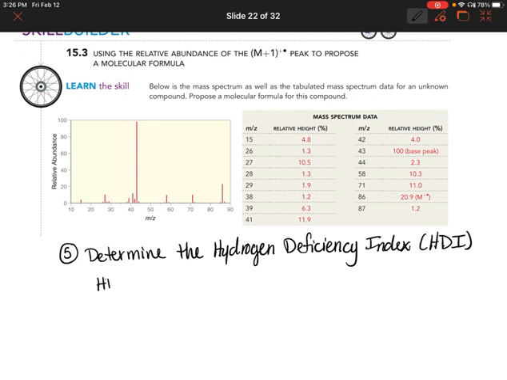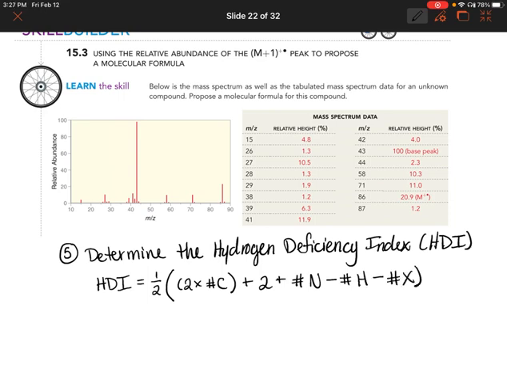The equation for the hydrogen deficiency index is equal to 1/2 times (2 times the number of carbons plus 2 plus the number of nitrogens minus the number of hydrogens minus the number of halogens).